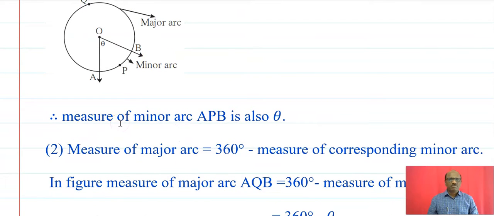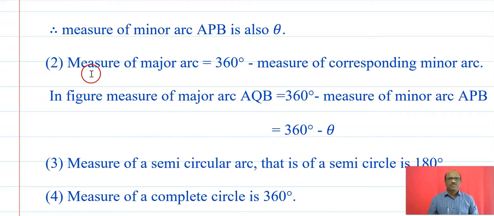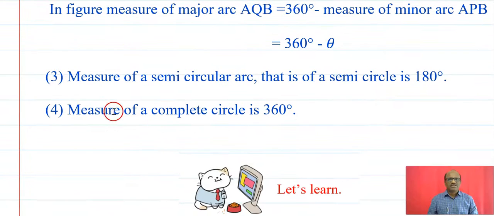The measure of a major arc is equal to 360 minus the measure of the corresponding minor arc. In the figure, the measure of major arc AQB is 360 minus the measure of minor arc APB, that is, 360 minus theta.